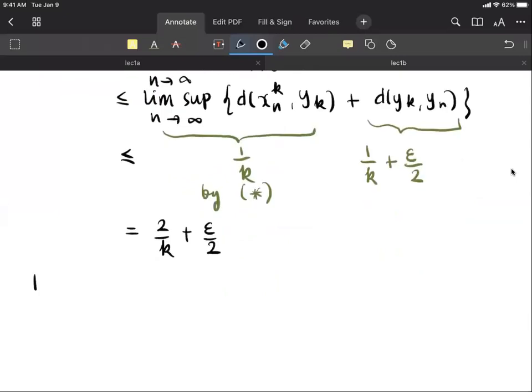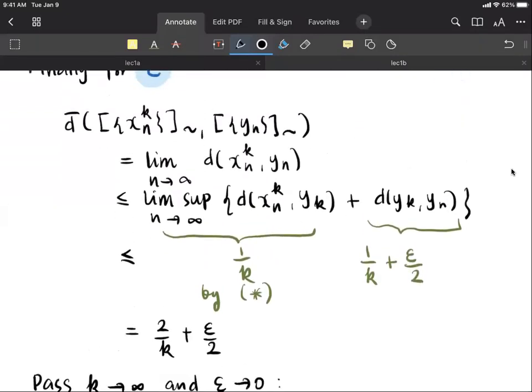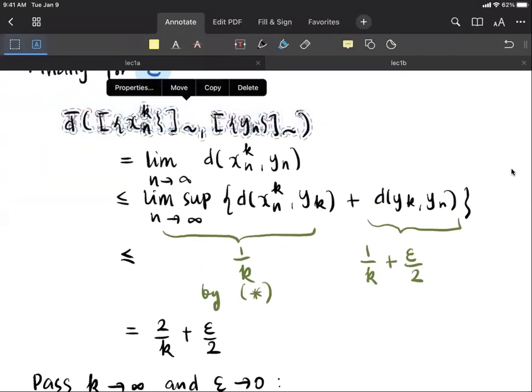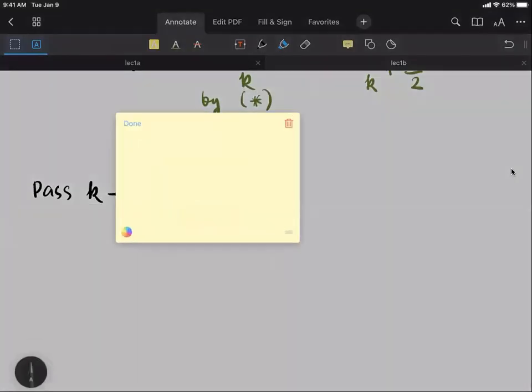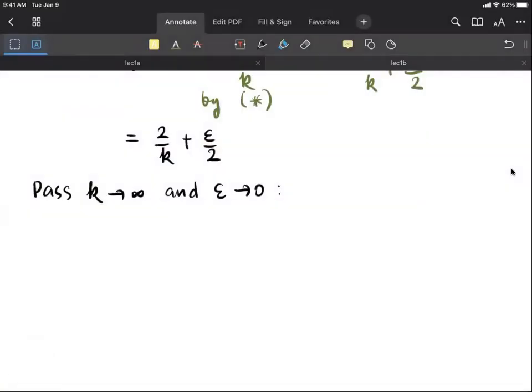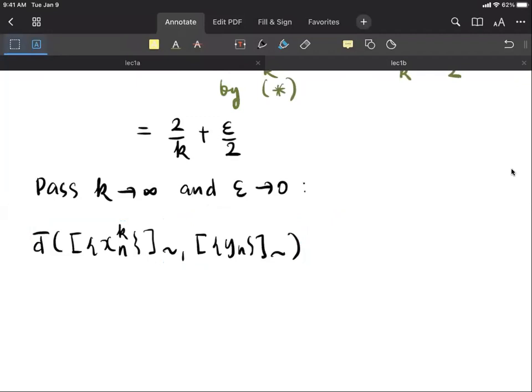Now, if you pass k to infinity, and then you pass epsilon to 0, you will obtain that this one goes to 0 as k goes to infinity.